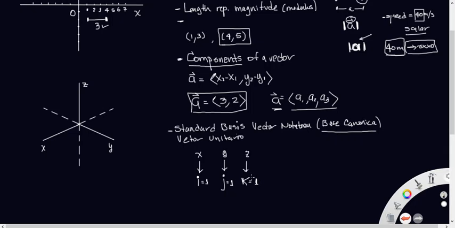Okay, so if you have the components of a vector in this notation, let's say for example 3, 2, this is only I and j, and we have these numbers here which represent the distance on each one of the axes.